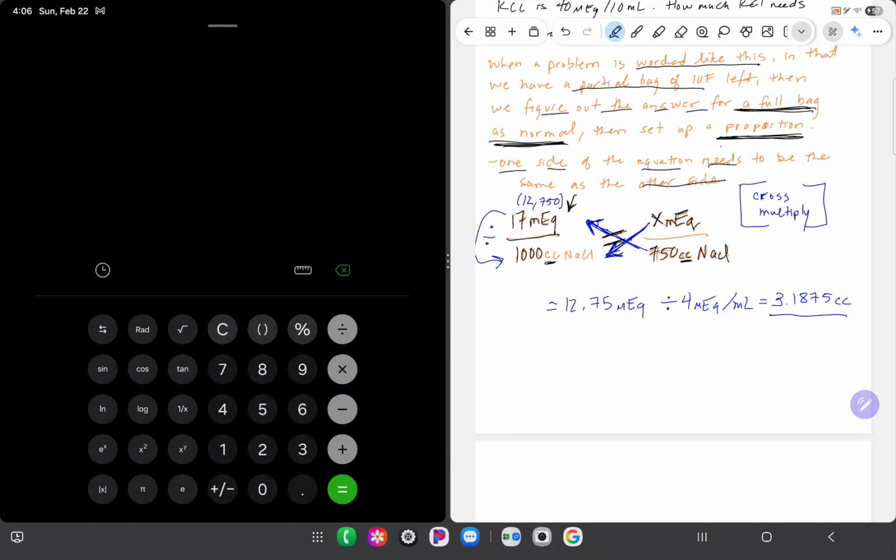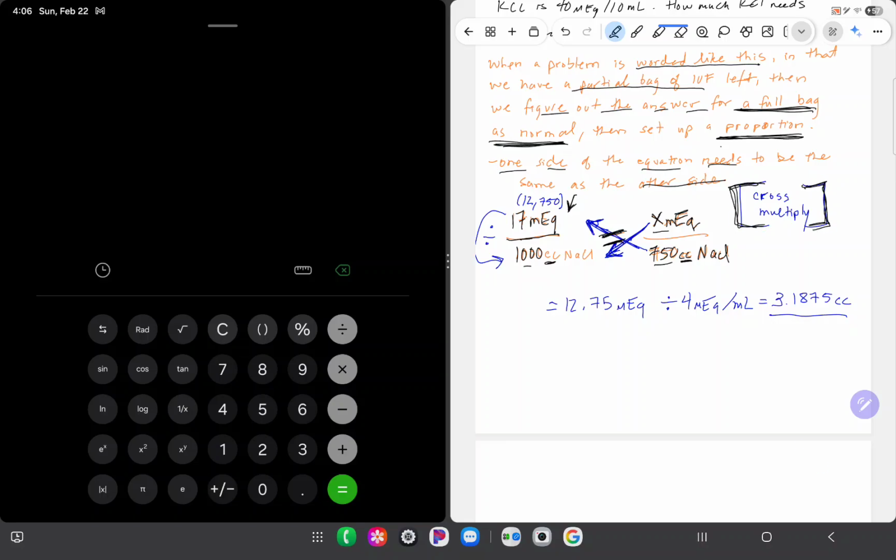But like I said, this is now a proportion, meaning if 1,000 mils has 17, then 750 mils would have how much? How much MEQs? Okay. When you cross multiply, that's how you figure out a proportion equation.